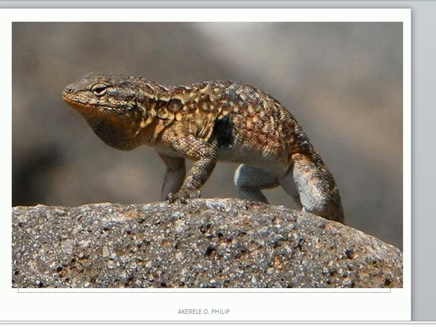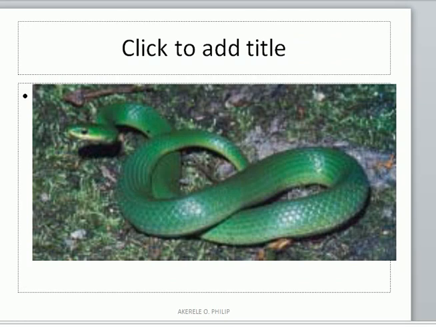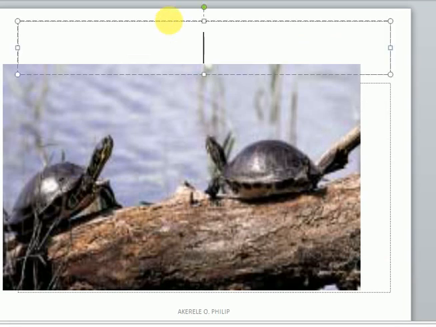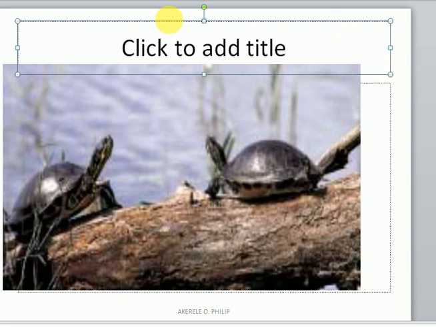Now snake is another example of a poikilothermic animal, a reptile, because they bask. That means they come out to get heat. This is another example of reptile. All right, moving on.